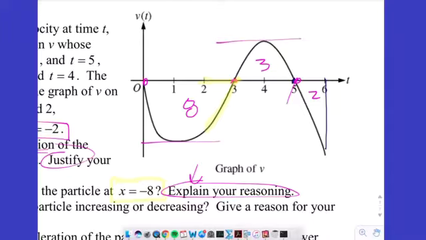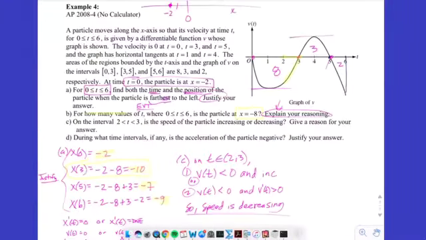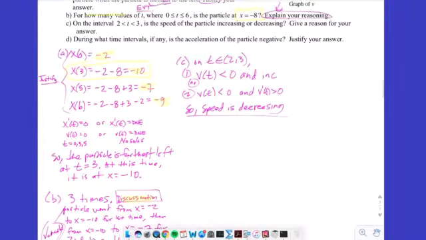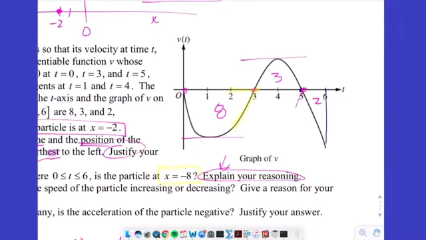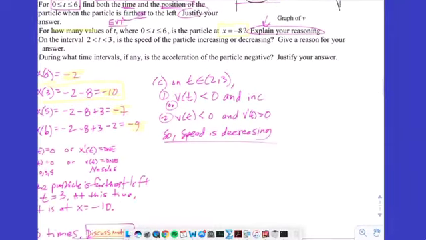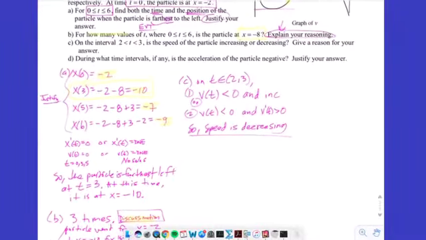And if your velocity graph is moving away from the t-axis, like from 0 to 1, or from 3 to 4, or from 5 to 6, your speed is increasing. But you don't really want to justify it like that. It does work, but it's better to talk about the two things separately. Okay? So it's kind of interesting that the velocity is increasing, but the speed is decreasing because it's becoming less negative. The velocity is.